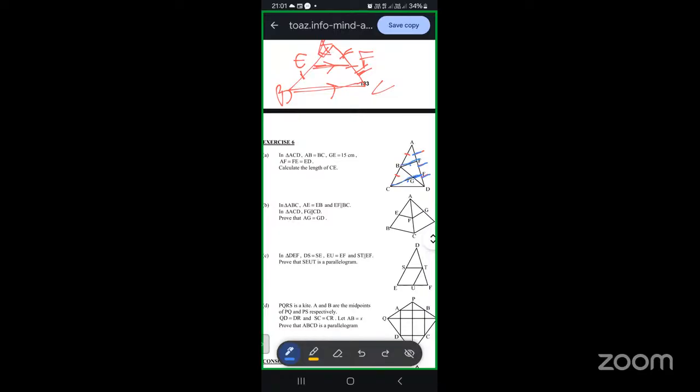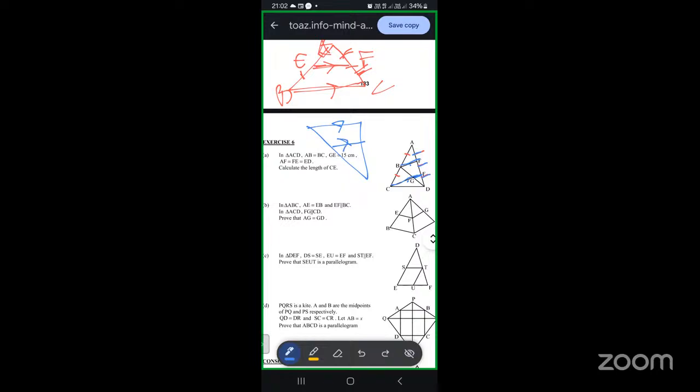So now, when we come to this triangle BFD, we have shown using that ACF triangle that this line is parallel to this one.